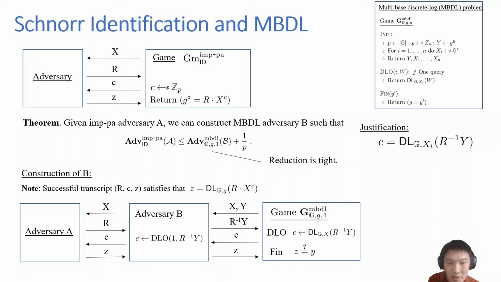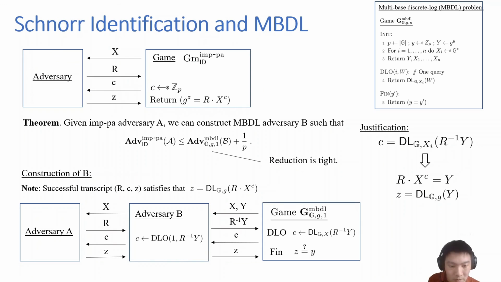Well, if C is the discrete log base X of R inverse Y, then it means that R times X to the C is Y. So by plugging this in, and recall from earlier, if the adversary is basically taking the discrete log of this value, then if it succeeds, we have found the discrete log of big Y. So we have exploited the discrete log base X to program Y into this element to be equal to that element.